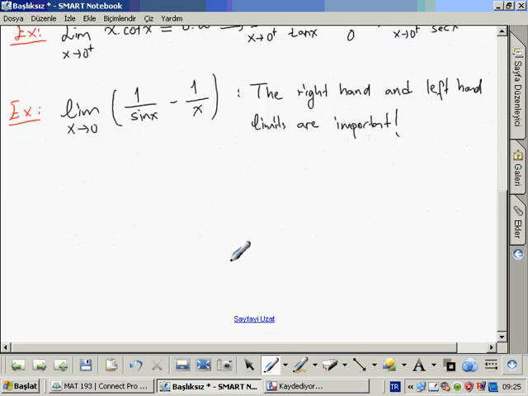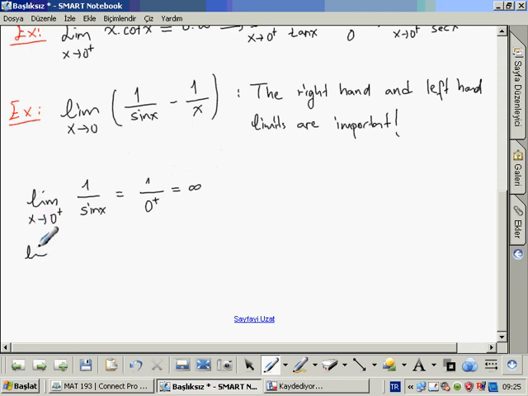What I mean, look at it: limit x equals to 0 from the right hand side, 1 over sine x, it will be 1 over 0 with a plus sign, that means 0.000001 or 2, etc., that means positive, and this part will be plus infinity.